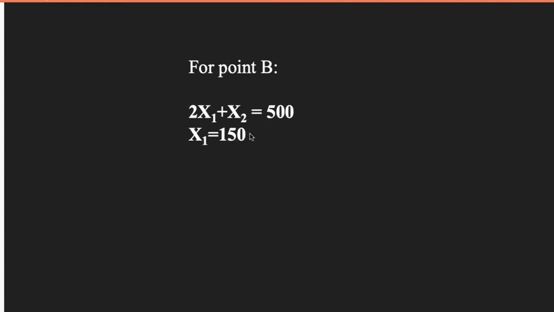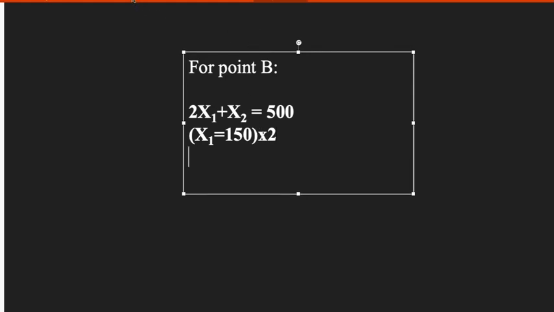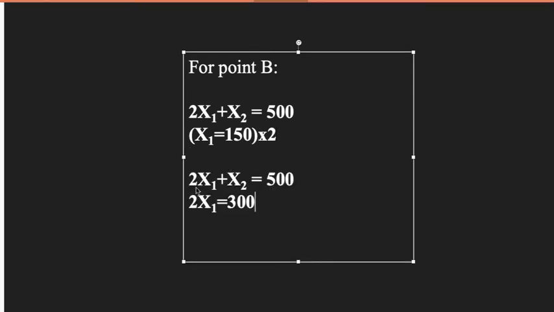So what are we going to do? We are going to multiply the equation x1 equal to 150 by 2. So we get 2x1 is equal to 300.